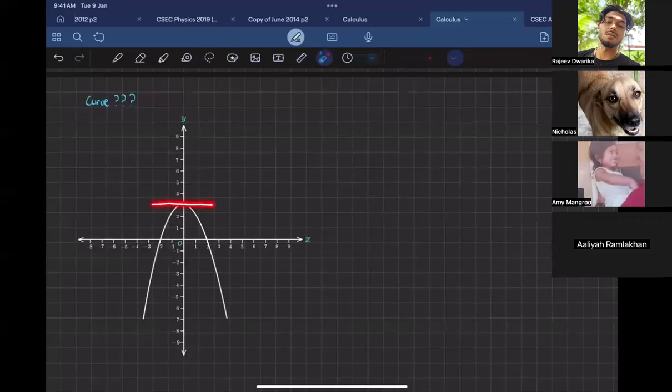What's the gradient at this point? 3. Okay, Amy, what's the gradient at this point? Amy, Nicholas, what's the gradient at this point? Here, zero, yes.